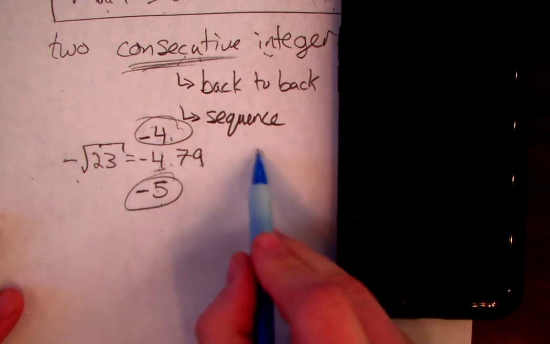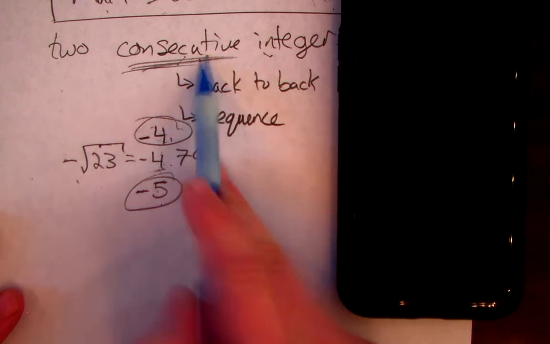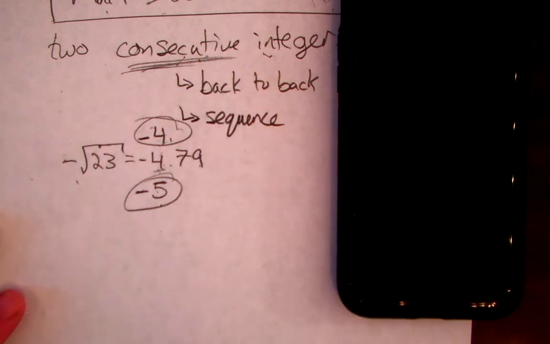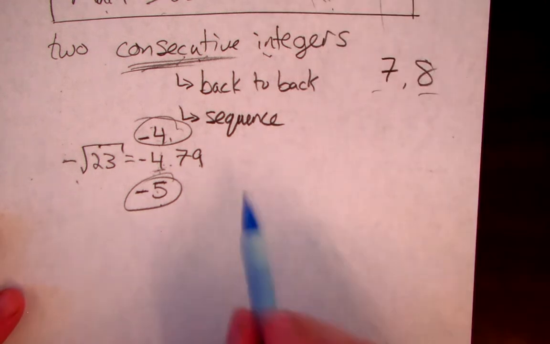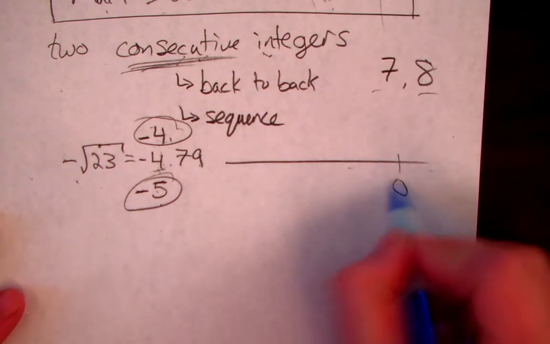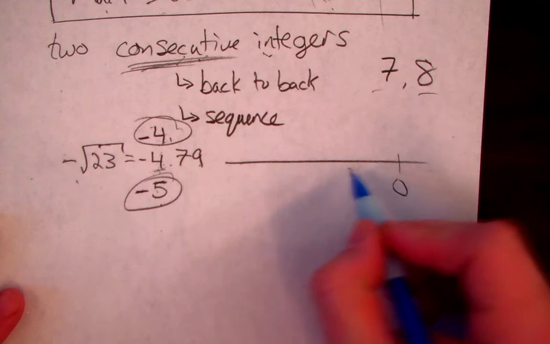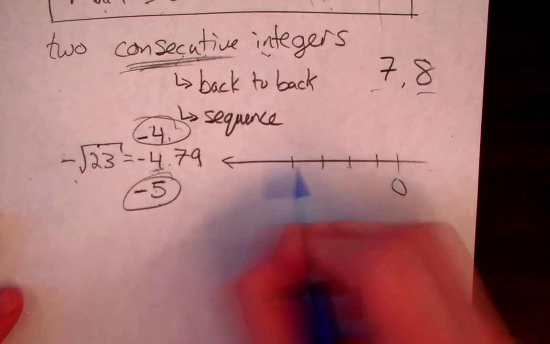If you are saying two values that are not consecutive, you know you are going to be in the wrong place. Make sure also that if you're thinking on a number line, you think, okay, where am I at? Well, I'm below 0, so I'm talking about these values to the left. So I have, let's say, 1, 2, 3, 4, 5.